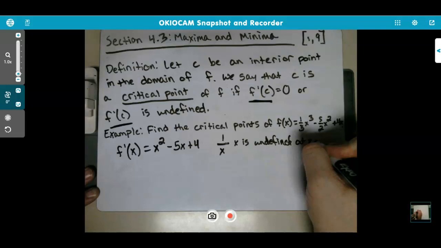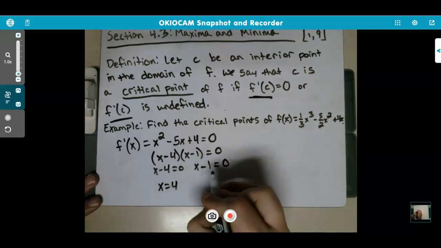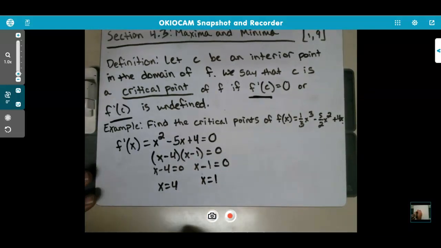So I can see right here I need the factors of 4 whose sum is equal to -5. That's going to be -4 and -1. So (x minus 4) times (x minus 1). Set each of those equal to 0 and solve those. For this one, I would add 4, so x equals 4. Add 1, and we get x equals 1.